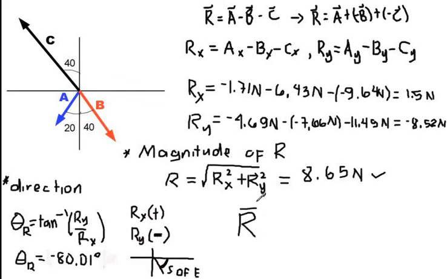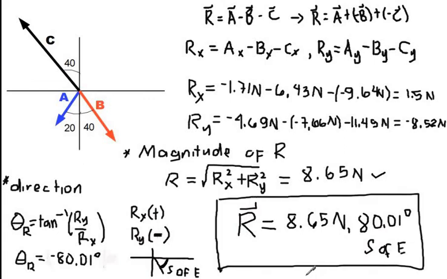The resultant vector is equal to 8.65 Newton, pwede na dili na isulat ang negative, diretso lang ibutang 80.01 degrees, south of east.